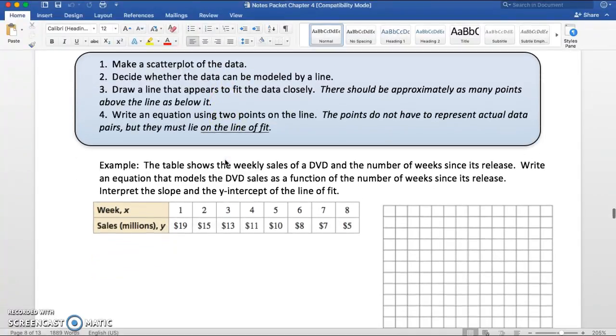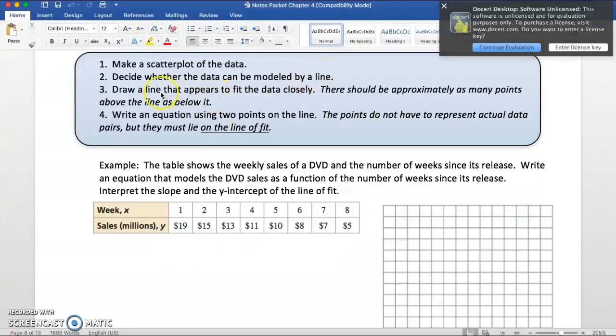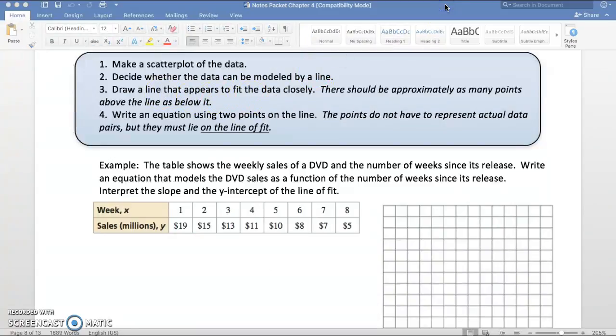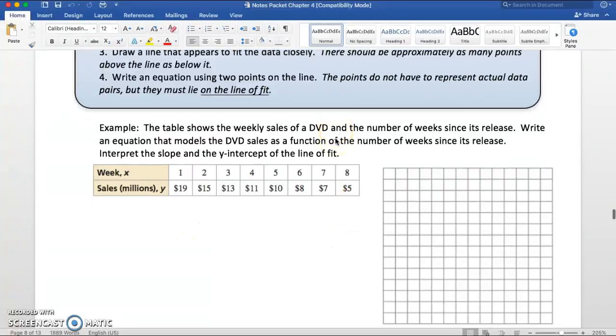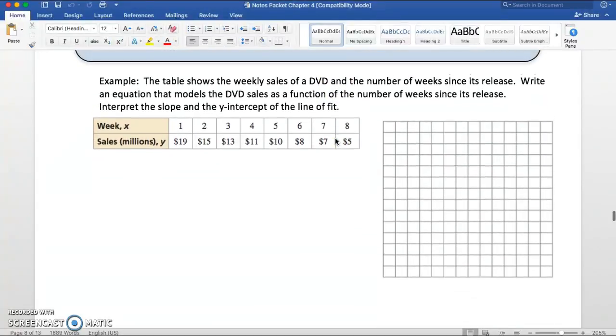So in the blue box, the directions here tell us to make a scatter plot of this data in the example, decide whether the data can be modeled by a line, draw a line that appears to fit the data closely, okay, try to put it right in the middle, as many dots below it as above it, and then write an equation using 2 points on the line. The points do not have to represent actual data, but they must lie on the line of fit. Okay, so they don't have to be actual points out of this info, but they need to be on the line. So here's an example.